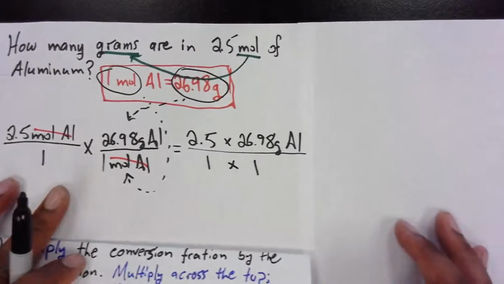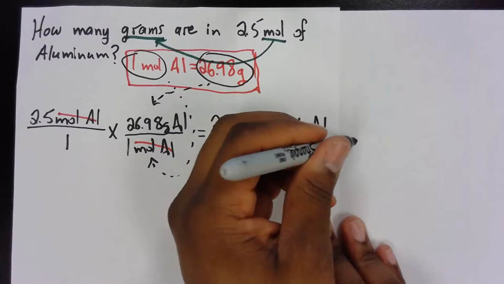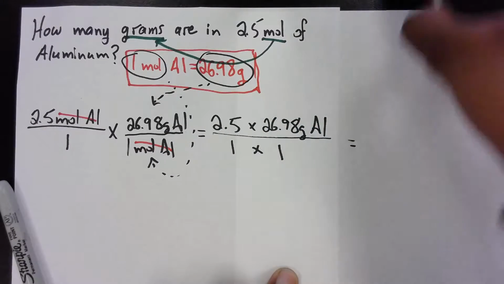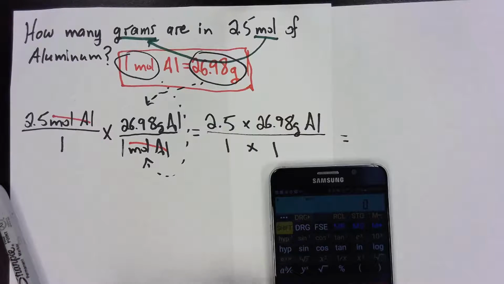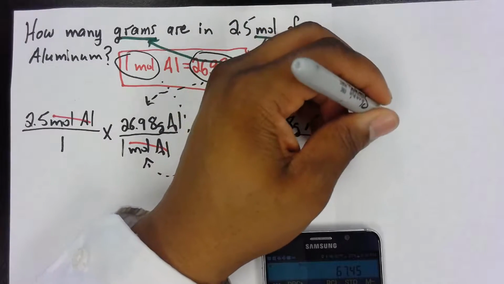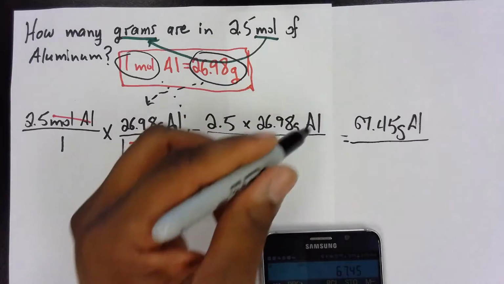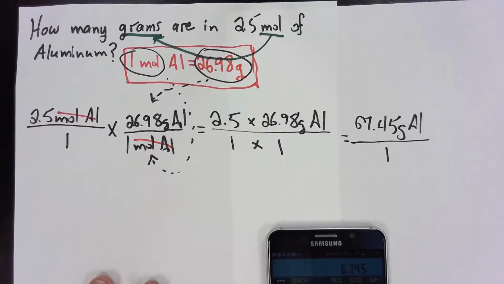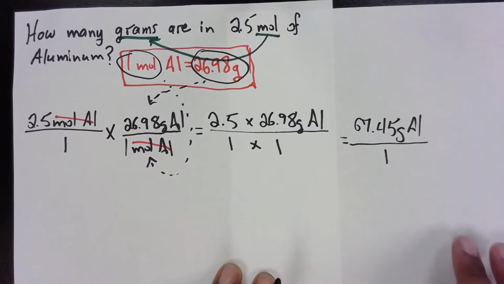All we have to do after that is just solve. We're going to go into our calculator and type in 2.5 times 26.98, and that's going to give us 67.45 grams of aluminum. 1 times 1 equals 1, so our bottom is going to be 1, and 67.45 divided by 1 is itself.